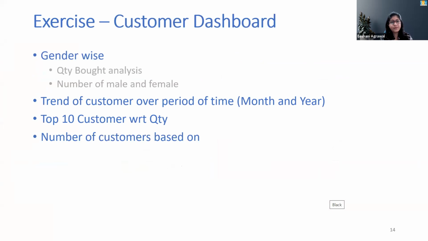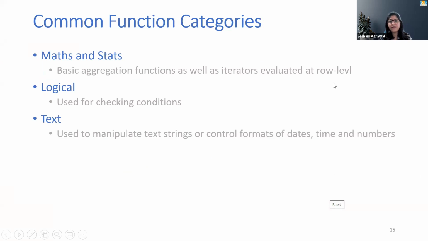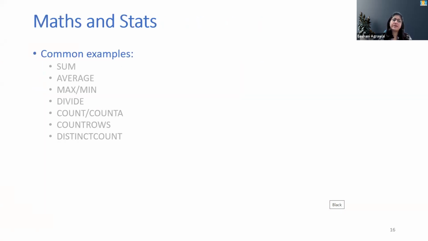Okay, let's move on. This is done. Forget about this one. Let's talk about the various functions, and one by one we'll go through it. Most of the things I feel that you would know, because these are the common things that are there in Excel as well. And the same things are over here in Power BI. Things like sum function, average functions, max and min, divide.